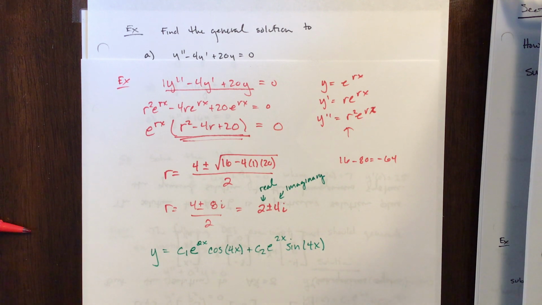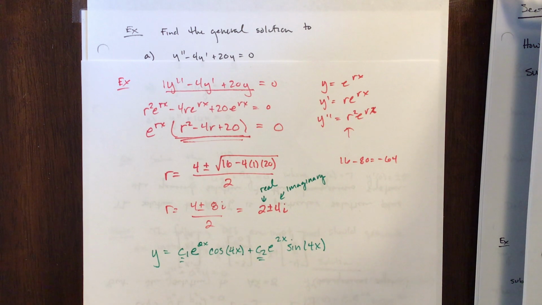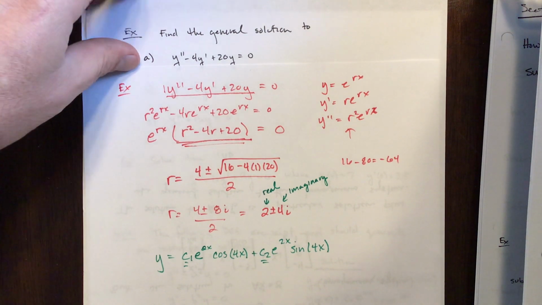So our second order differential equation has two parameters. Okay, so that's consistent with what we were taught there at the beginning of the course. And there's our two linearly independent pieces. And it's as easy as that.